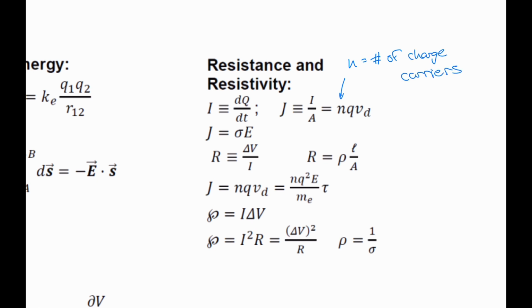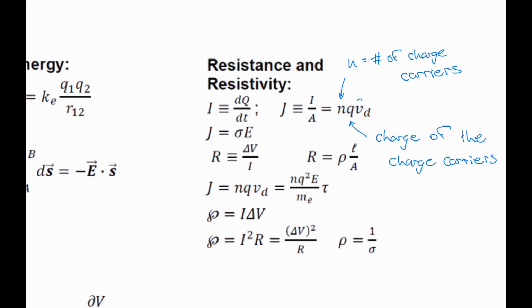So this is normally electrons. Here actually they give you a Q. So this is the charge of the charge carriers. So if you have a positively charged current, this Q would be positive. If you have a current of negative charges like electrons, it will be negative.